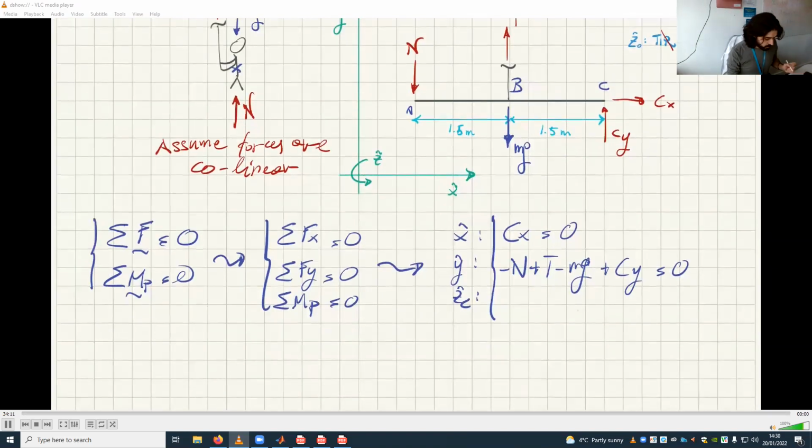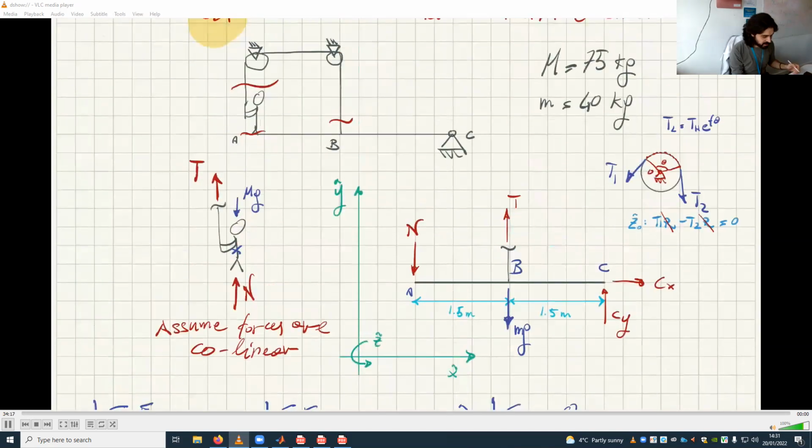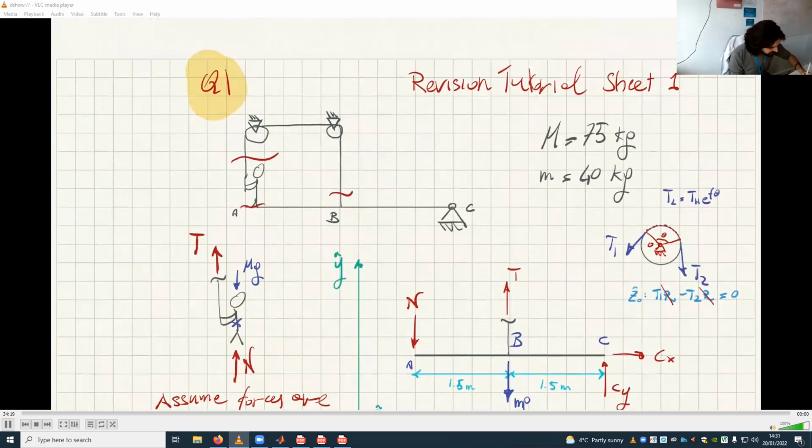So I was saying, the moment equation: remember, moment is force times perpendicular distance. Or if you want to be more rigorous, the vector moment of a force is the position vector of that force cross the force vector itself. But this boils down to force times perpendicular distance always.